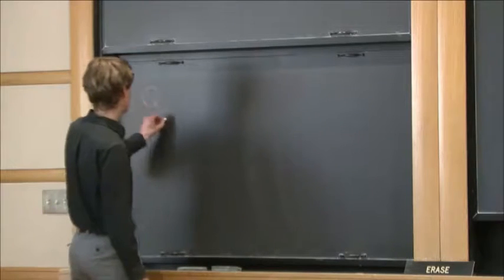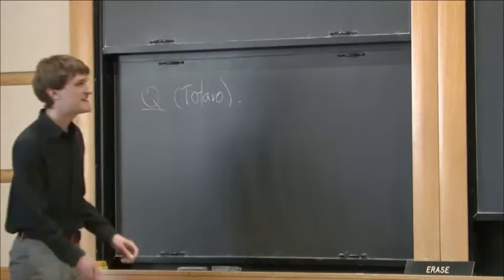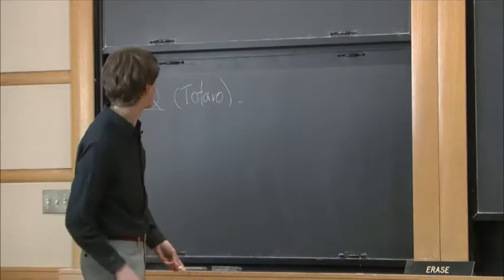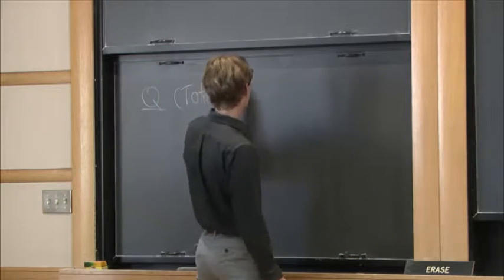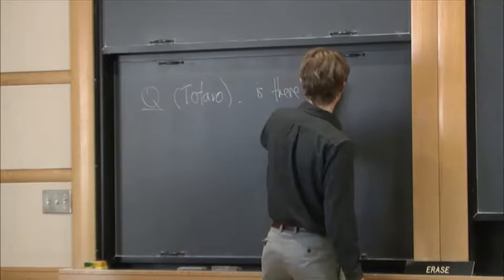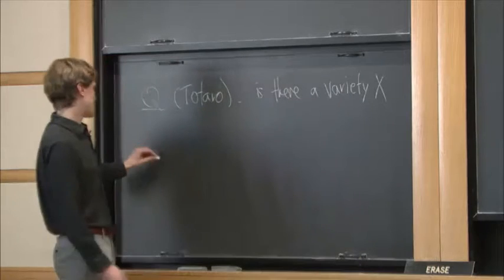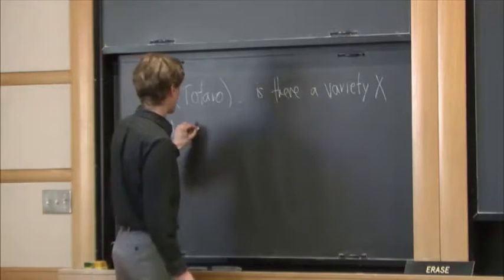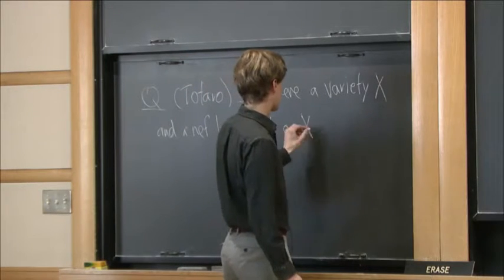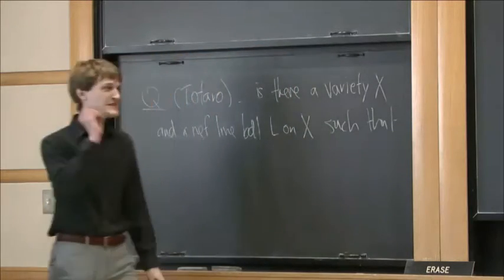So here's another question from a paper of Totaro. I think this one was not conjectured. Yes, it seems hard to find such a thing. But the question is, can you find a smooth projective variety, and a nef line bundle on that variety, such that the set of curves on which L is 0 is countably infinite?